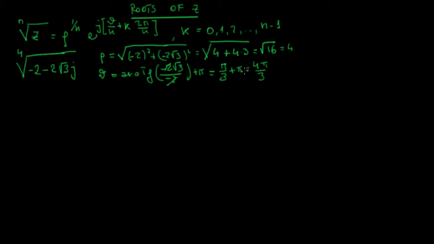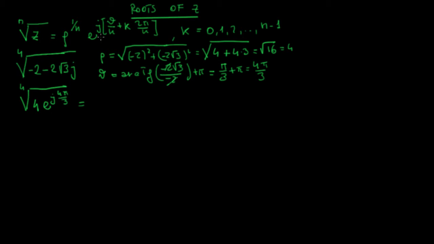Right, so now this number written in exponential form becomes 4 times e to j 4 pi over 3.